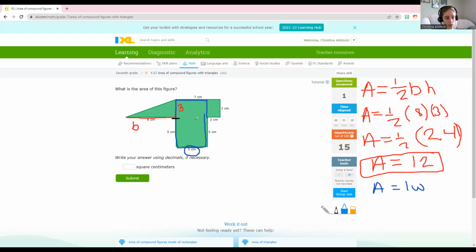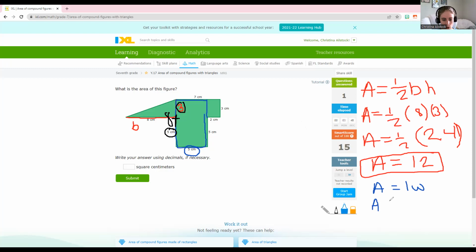Hopefully you've noticed that down here is 5 centimeters, up here is 3, so we can add that together to get the total height of this rectangle. So 5 plus 3 would be 8, giving us a total height of 8 for that middle blue rectangle.